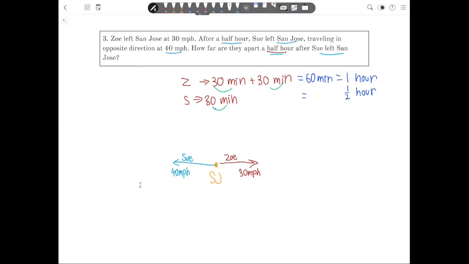Zoe can travel 30 miles in 1 hour, so 30 miles per hour times 1 hour, which is 30 miles. But Sue goes 40 miles per hour for only half an hour. This is just going to be 20 miles.